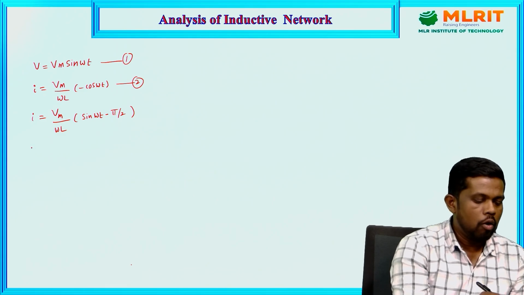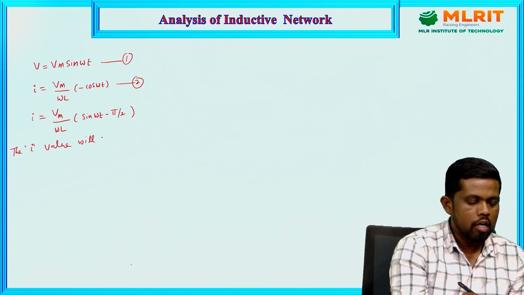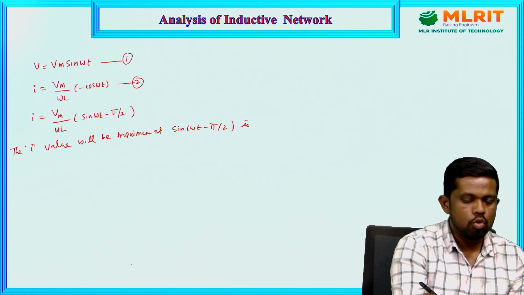The I value, the instantaneous current, will be maximum when sine of omega t minus pi by 2 is unity.